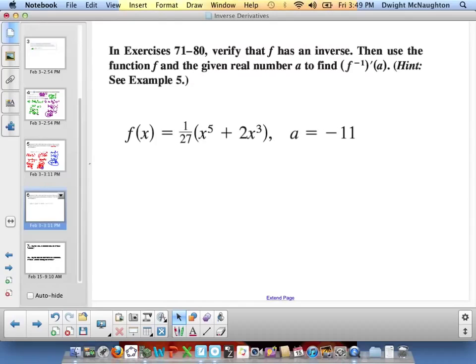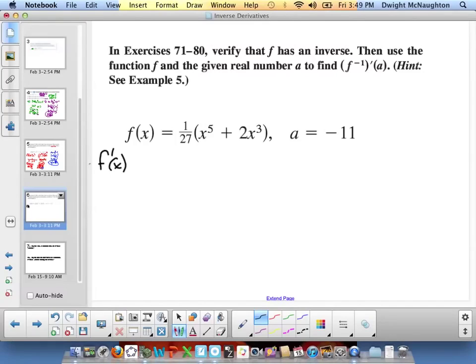All right. Verify that this has an inverse function, it should say. Then use the function to find f inverse prime of a. So first, verify. Take our derivative. We'll use the product rule because it's 1/27 times something. Product rule.